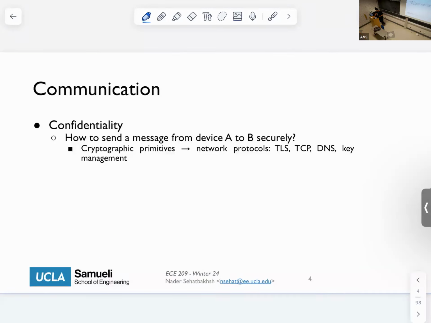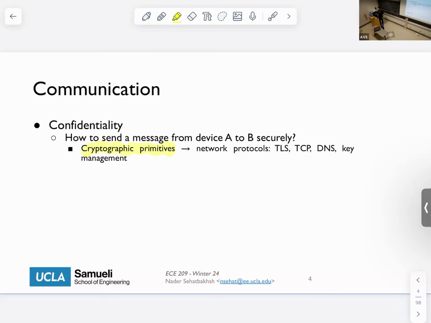Okay. For communication, of course, there is a whole bunch of work that has been done on confidentiality. This is basically trying to answer the basic question of how do I send a message from A to B securely without anybody else listening to it. This is heavily based on things that we discussed in the first 2 weeks, and that was cryptography primitives.